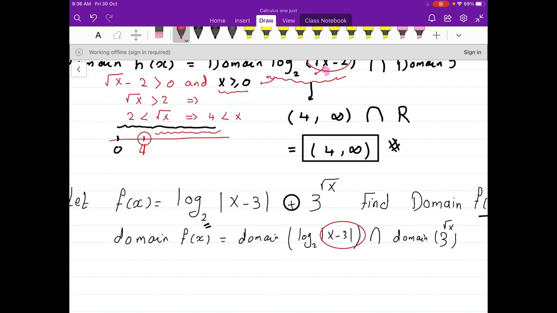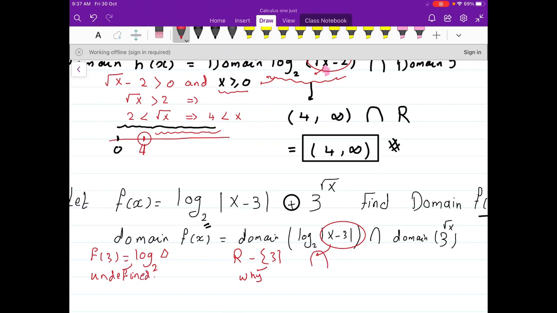Since if you have 3, you get log 0, and log 0 is undefined. Since if you take f of 3, you get log 2 of 0, and this value is undefined, since 0 is not included in the domain.